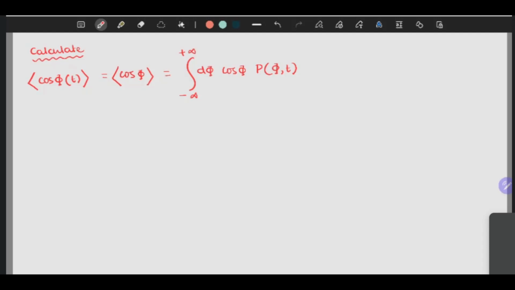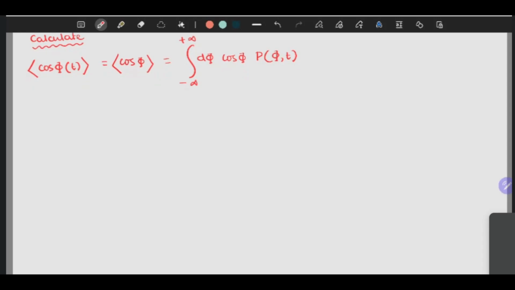Now that actually becomes, let's say, like this. Let's say you change the variable, like this.